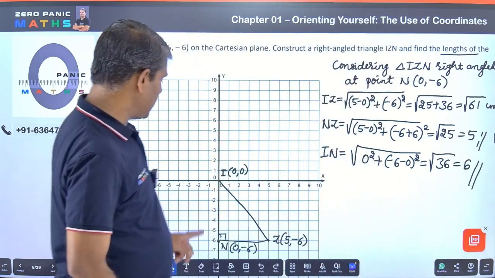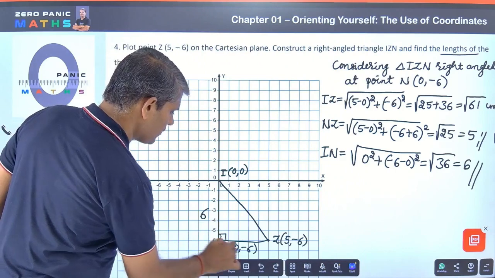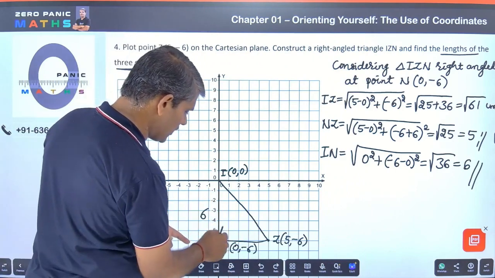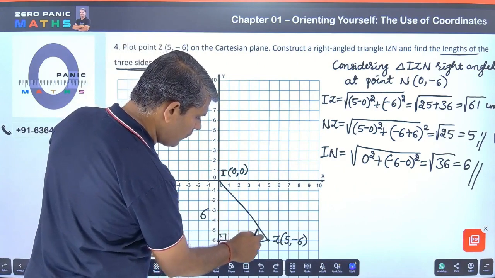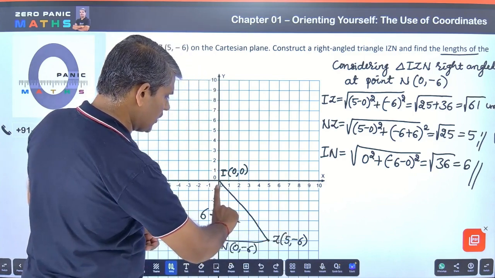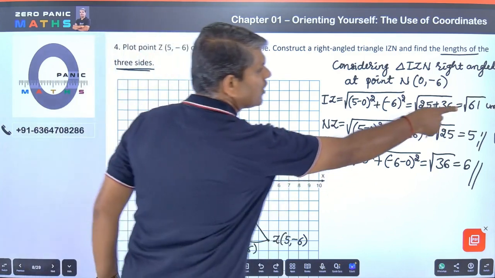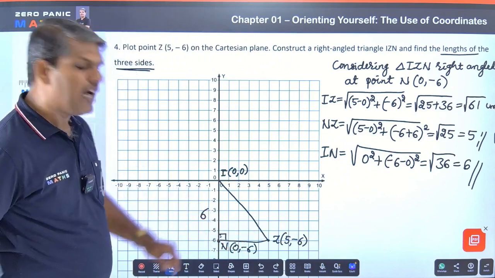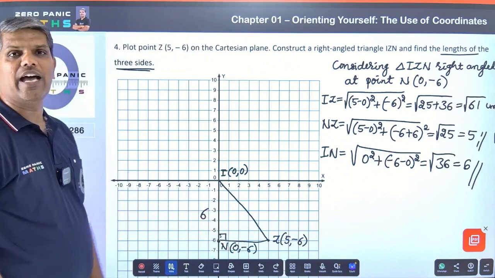In the figure itself you can see 1 2 3 4 5, so 5 units is the length of this, 6 units is the length of this, and this is root 61. Whatever you get is the length of this IZ. That is the answer for this question.